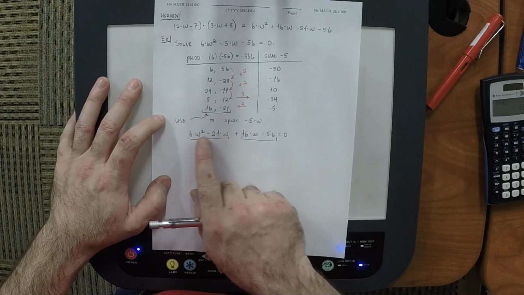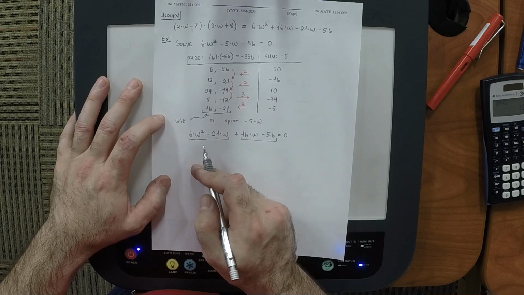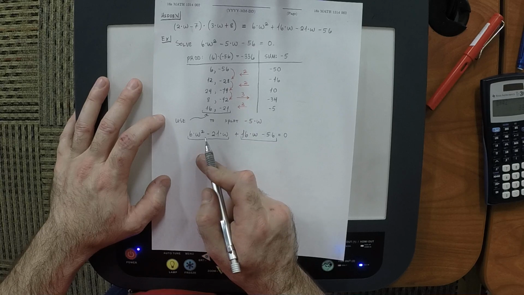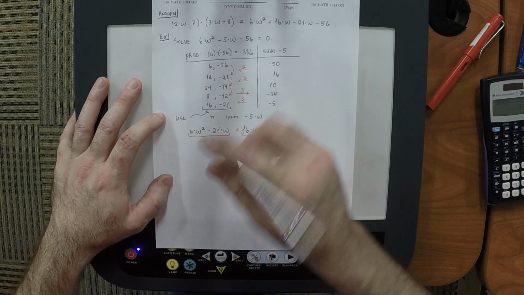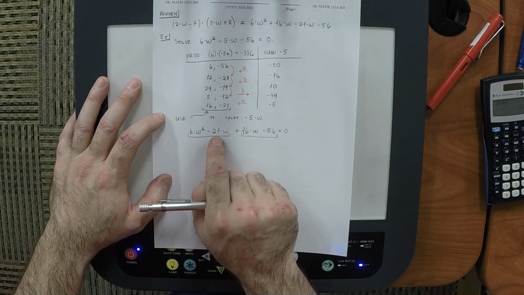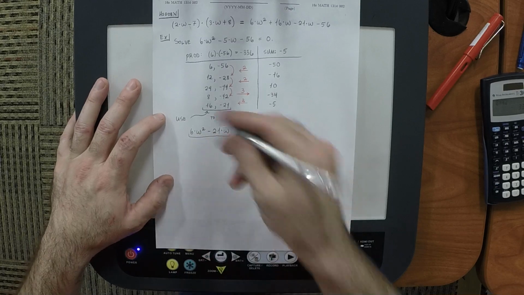What do we do with each group? Okay, good. So in this first group, we want to factor out the greatest common factor. What is it? 3w. 3 because 3 is the biggest integer that divides 6 and 21, and w because that one is limiting. So 3w comes out.